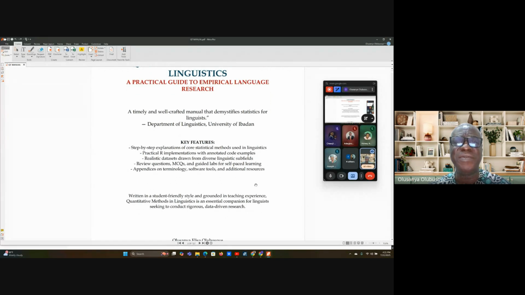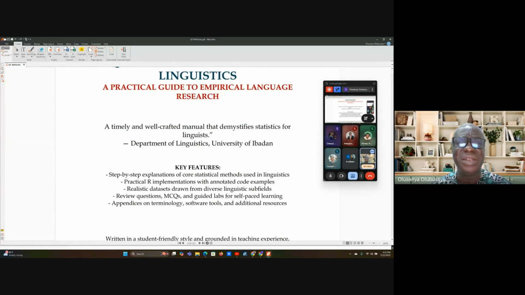Some of the key features of the material include the statistical methods that are used in linguistic research. You will also learn about the tools for doing linguistic research, particularly when it comes to analyzing linguistic data.